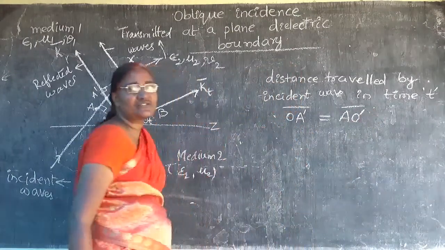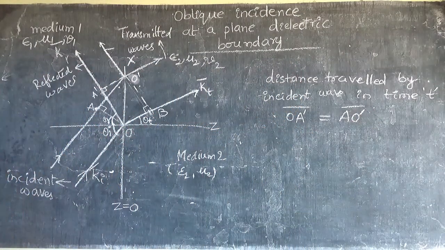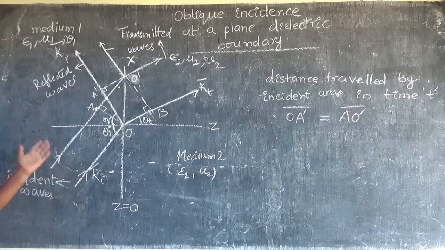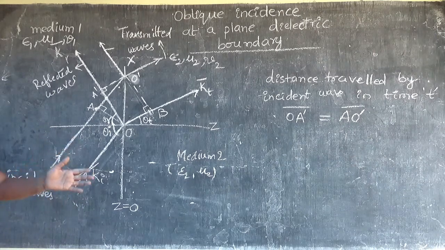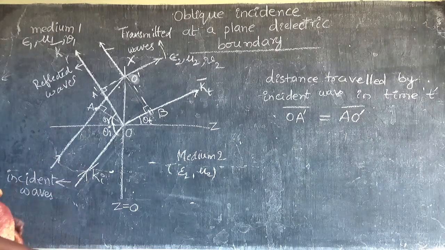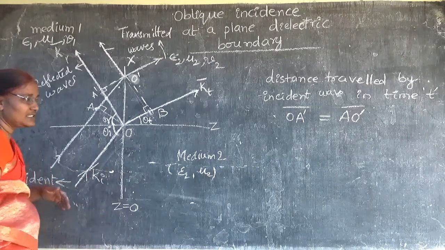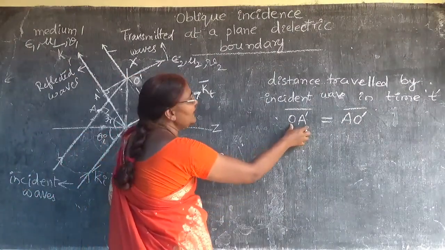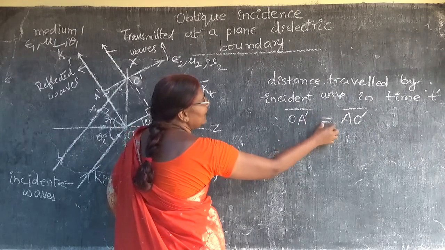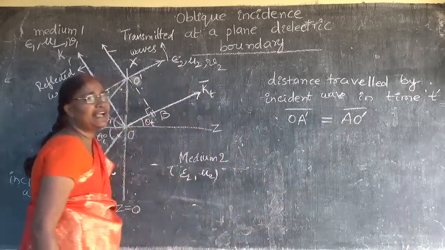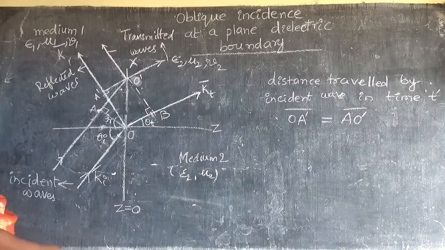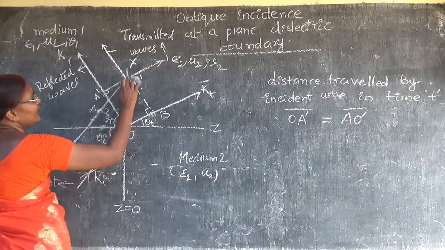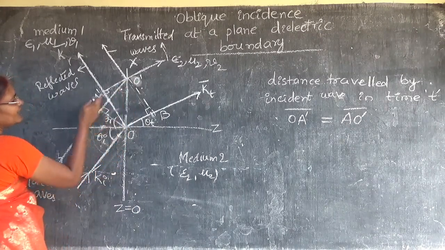These two distances must be the same, because the time is the same and the velocity is the same, so the distance traveled will be the same. OA dash bar must be equal to AO dash bar.